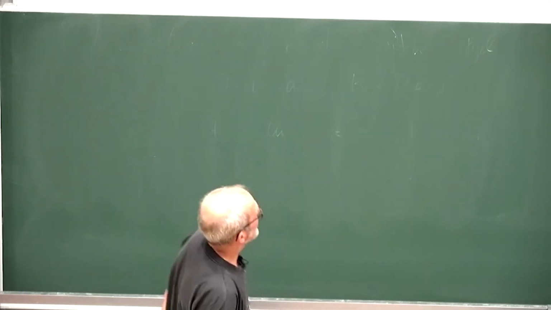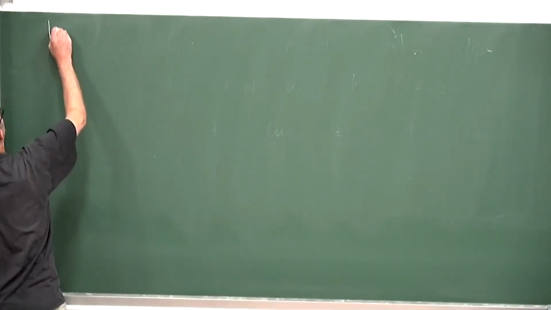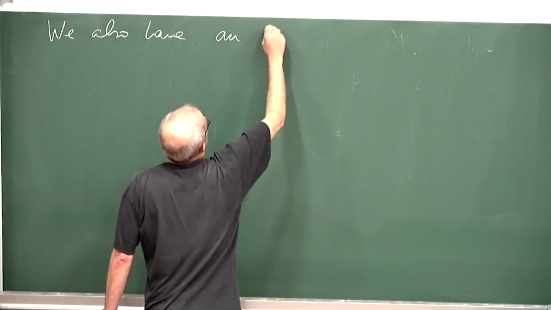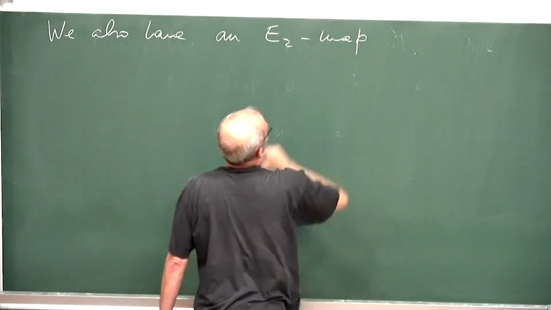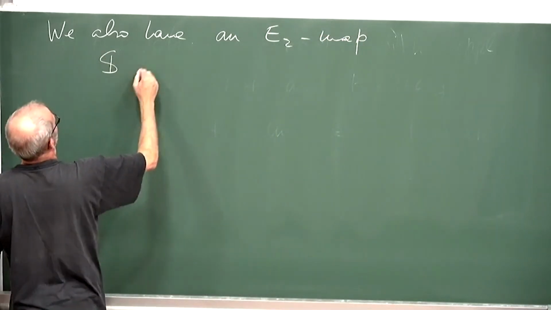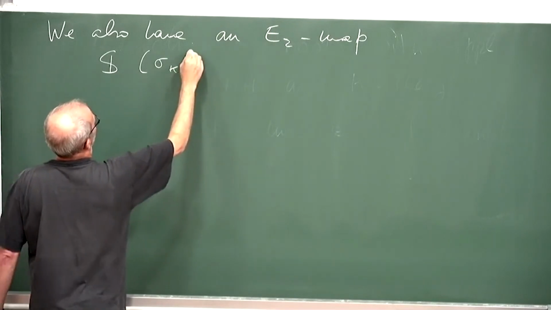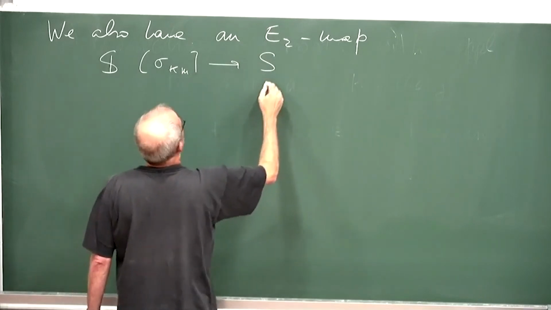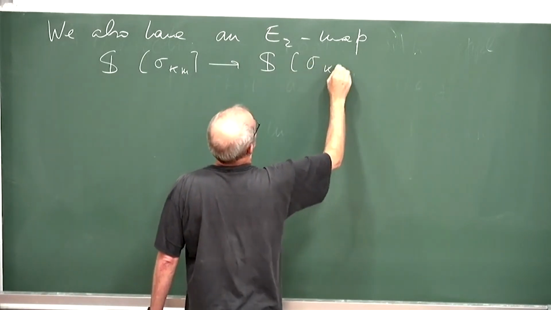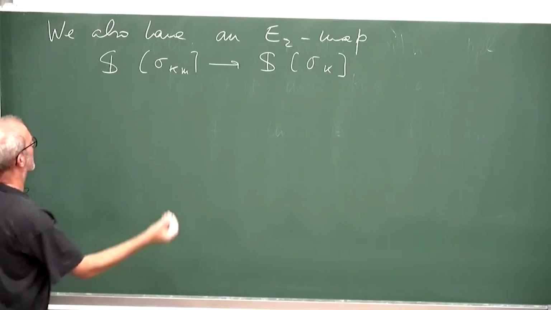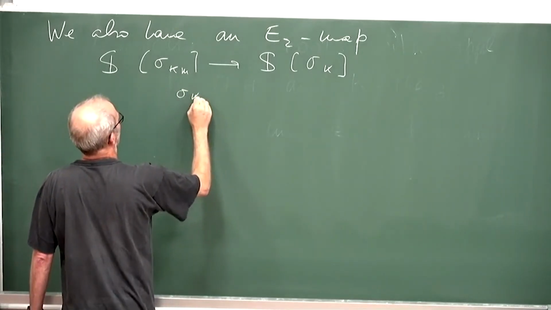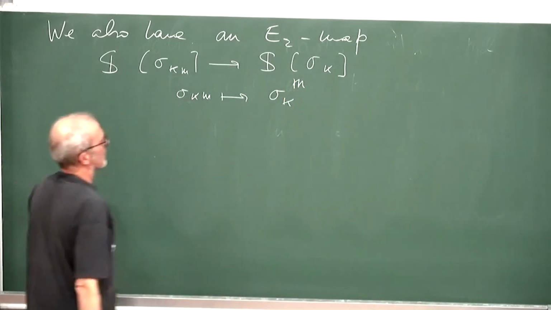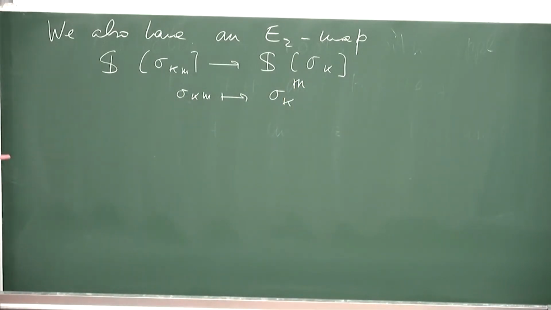Yes, and we also have an E2 map like this, which is given by sending sigma K to the m, sigma k to the m.